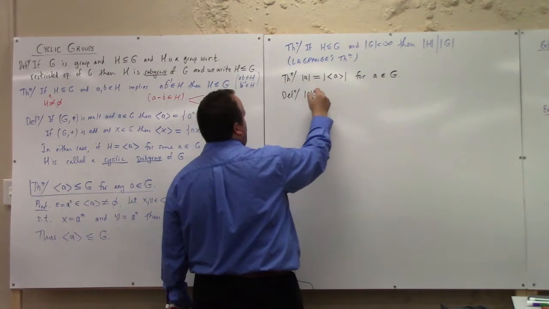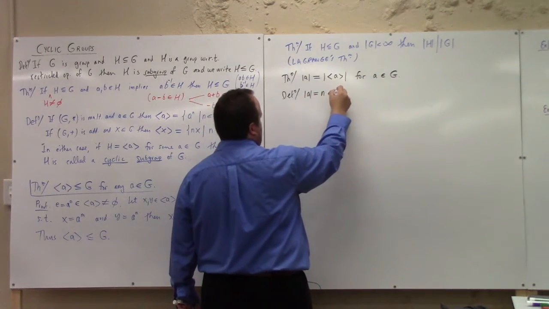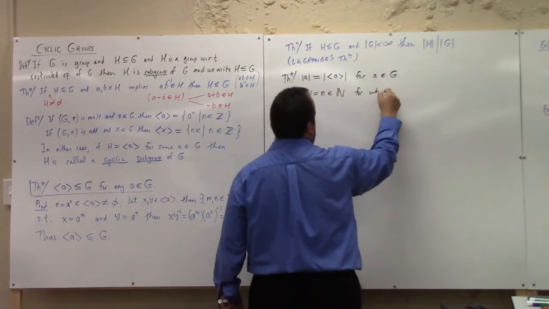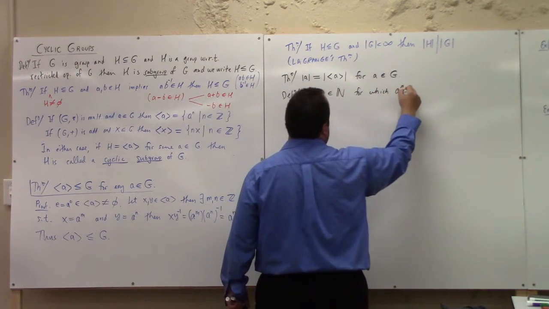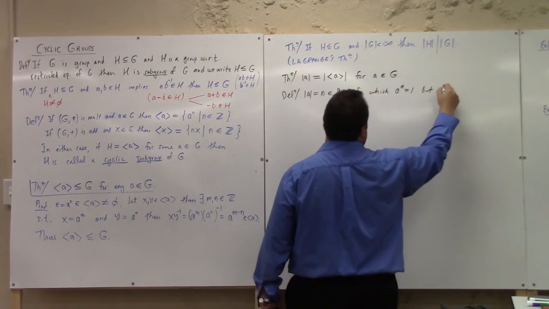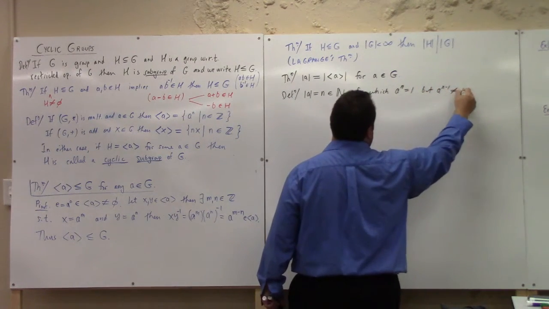The order of A is equal to n in the positive integers for which a to the power n is equal to 1, but a to the n minus 1 is not equal to 1.